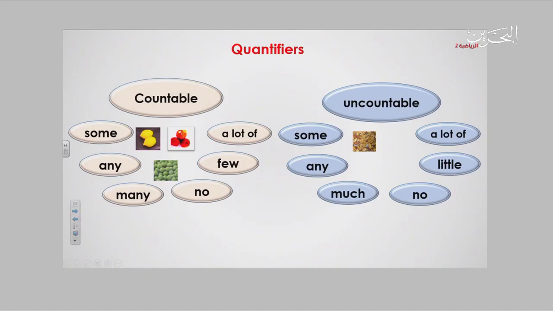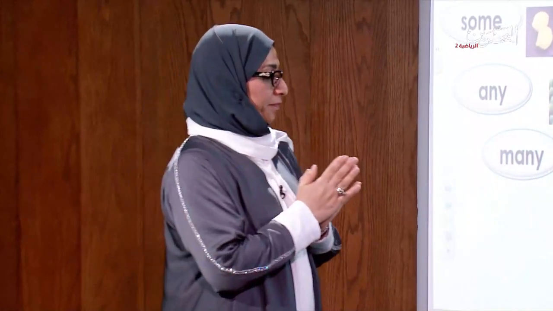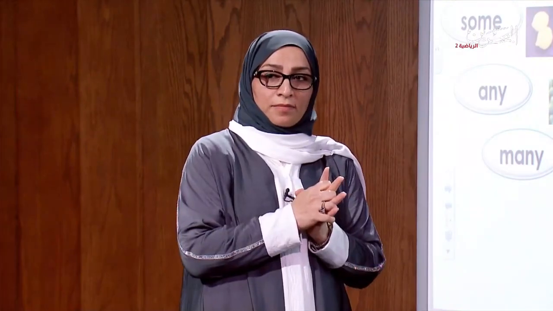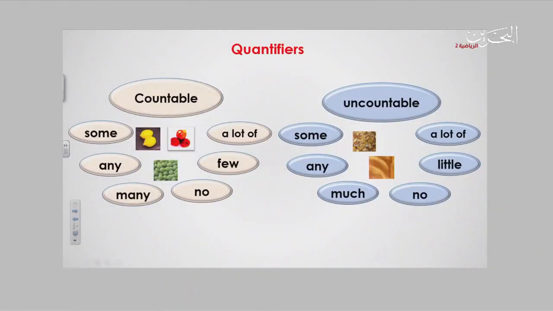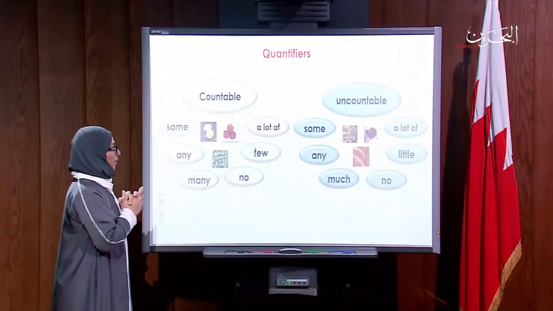For example, do you have any nuts? Or how much nuts do you have? This is bread. I have little bread. And this is coffee. How much coffee do you need? These are examples of the quantifiers, and how we use them with the countable group or uncountable group.